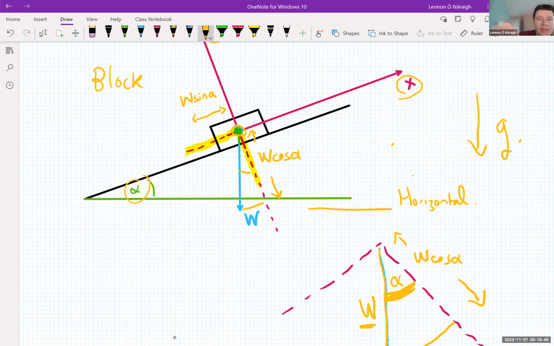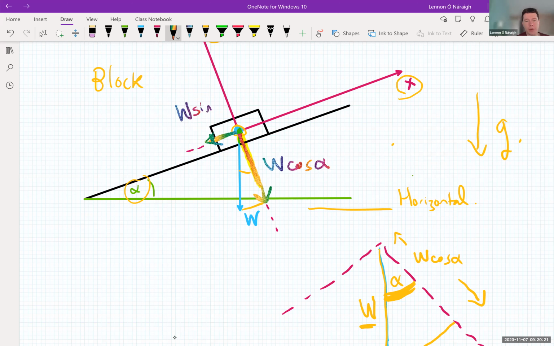And the final step then is to draw these components on the X and Y axes. So let me do that now. So I have W cos alpha, and I have W sine alpha. So these are the components of the vector.